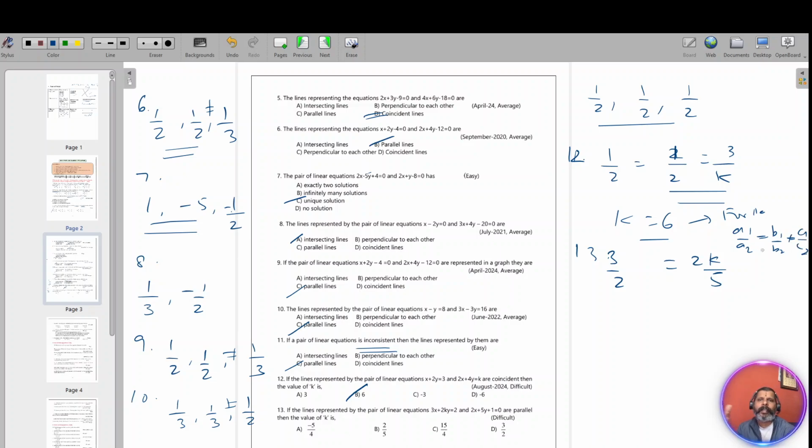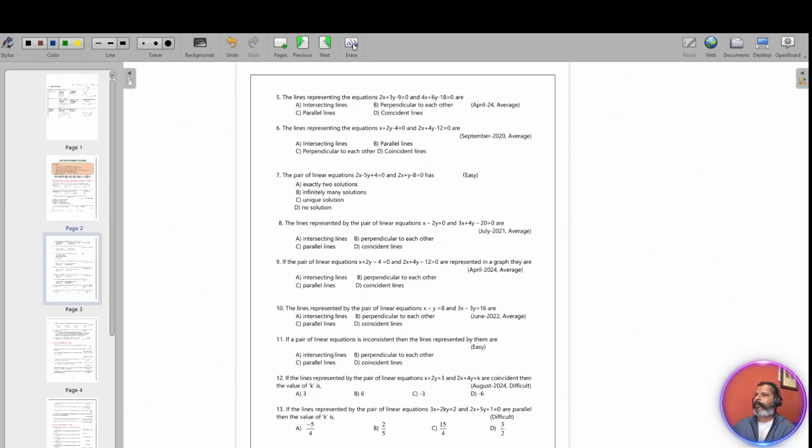Extract A1, A2, B1, B2, C1, C2 from these equations, then construct like this. Therefore, how much does k become? k is equal to 5 times 3 is 15, by 2 times 2 is 4. So 15 by 4. Okay. We'll see the next questions.